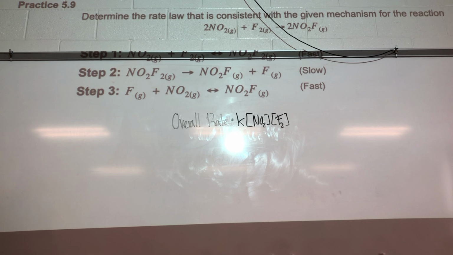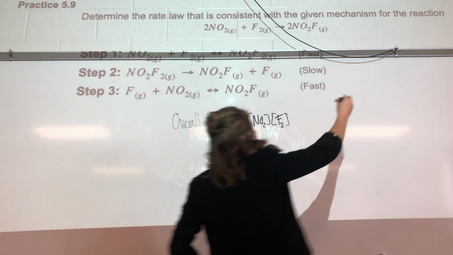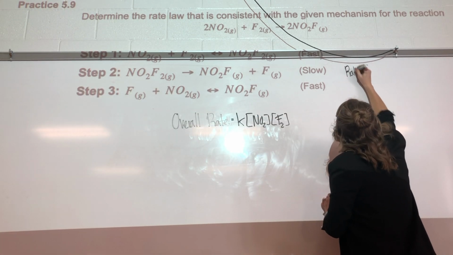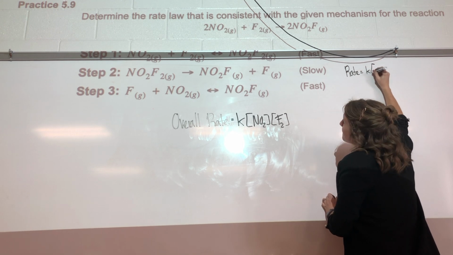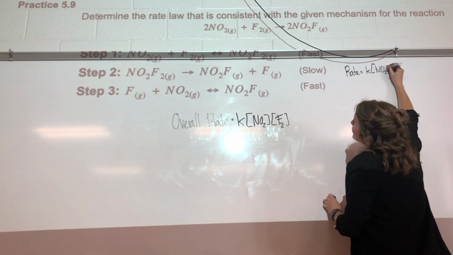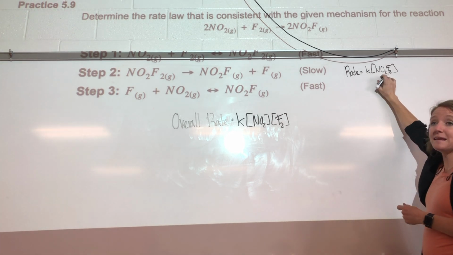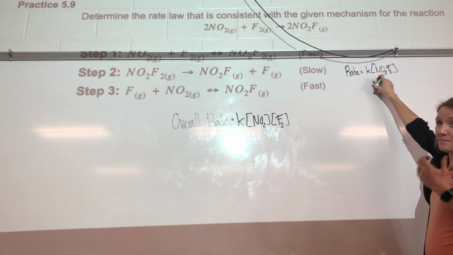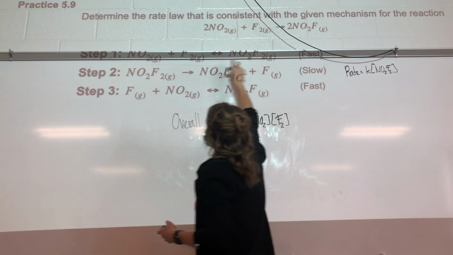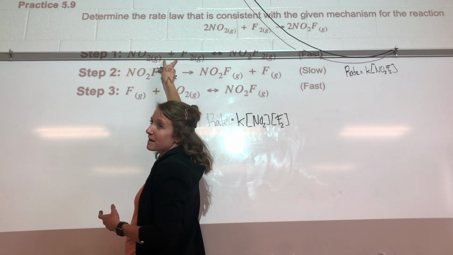So we look at the slow step and write its rate. That is equal to something, but this is an intermediate, so this can't be your answer, so you substitute those into it.